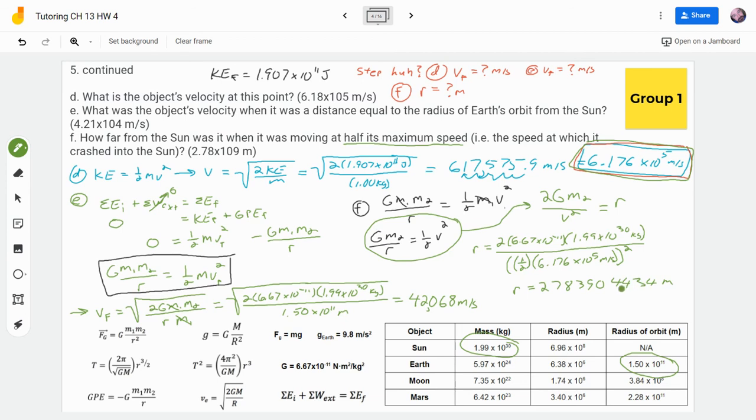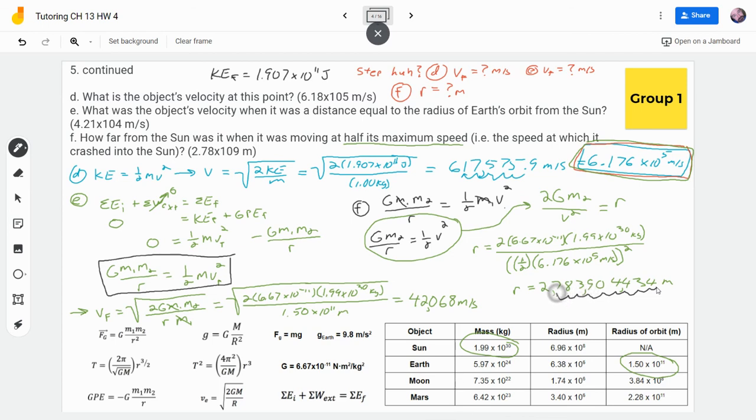So 1, 2, 3 gives me a comma. 1, 2, 3 gives me a comma. 1, 2, 3 gives me a comma. All right, so to put this in scientific notation, how many places have I moved my decimal point? I'll change colors, might make it clear to see. So we started here. 1, 2, 3 gets you to a comma. 4, 5, 6 is another comma. 7, 8, 9.